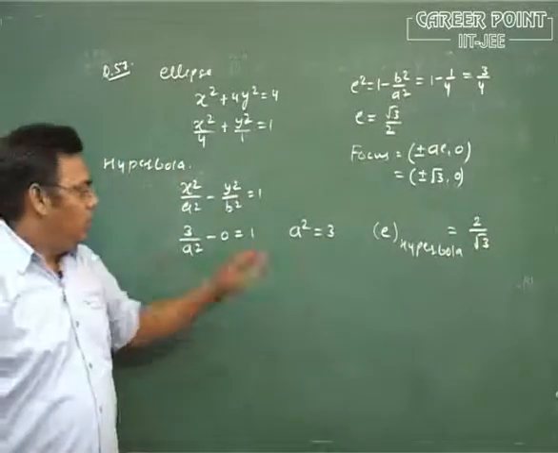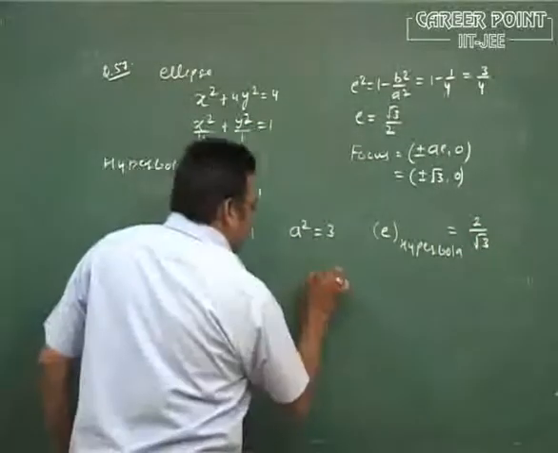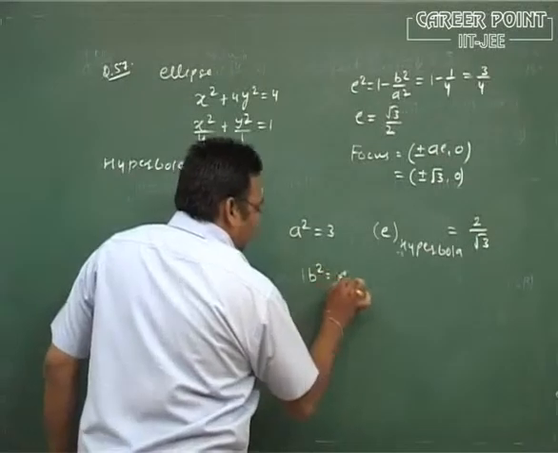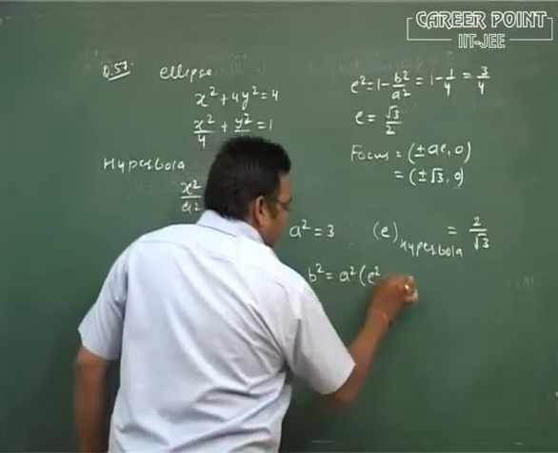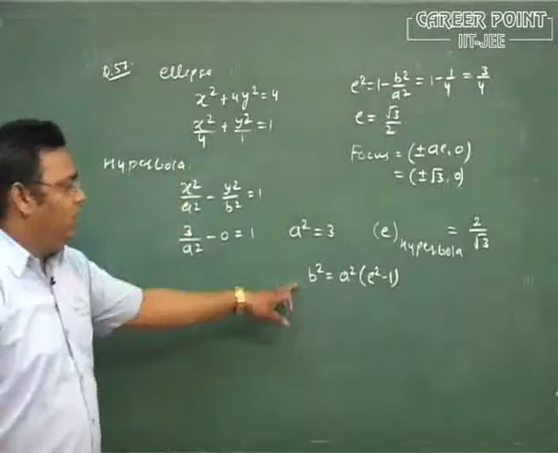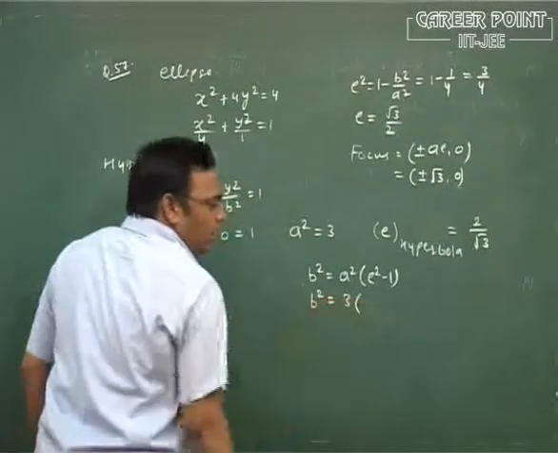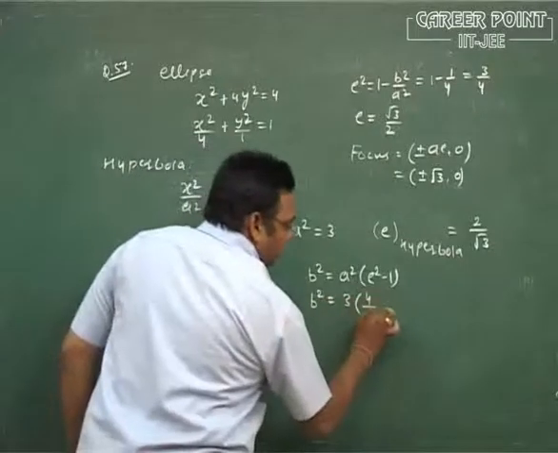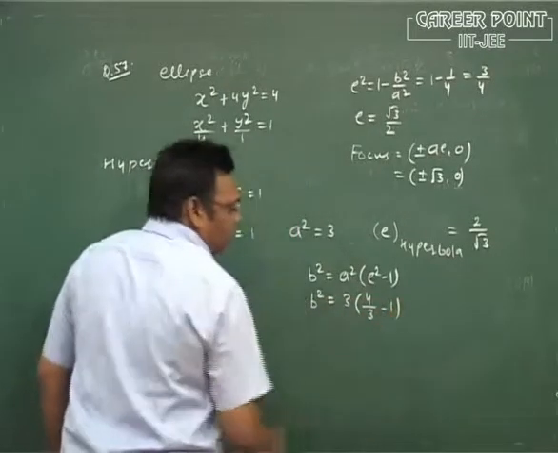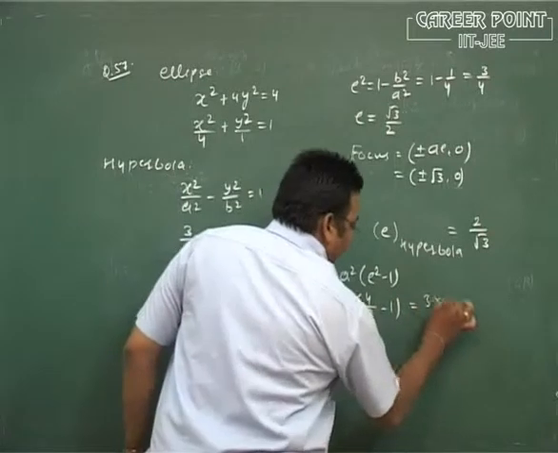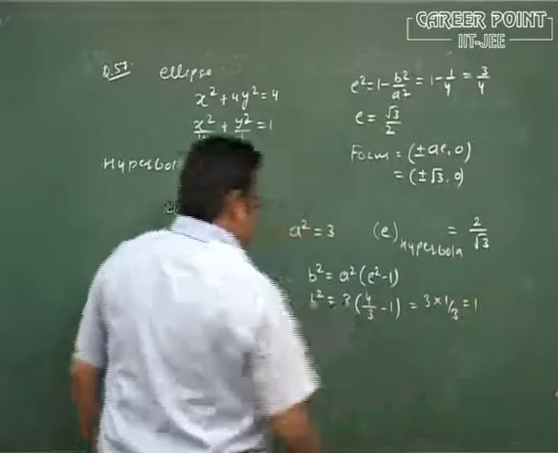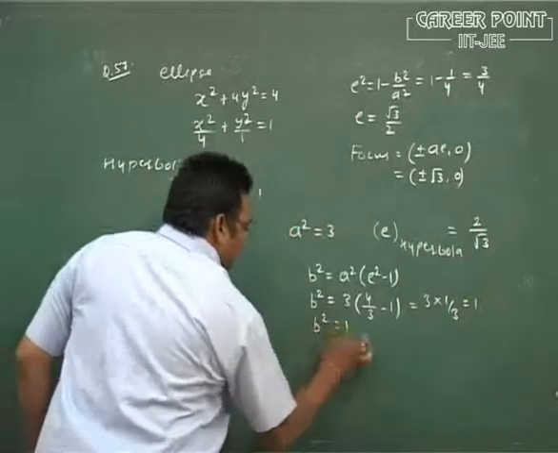Now we know that the value of b square is equal to a square e square minus 1 for the hyperbola. So what is the value of b square? The b square is equal to a square, that value is equal to 3. e square, this is 4 divided by 3 minus 1, and that value is equal to 3 multiplied with 1 by 3 is equal to 1. So what is the value of b square? b square is equal to 1.